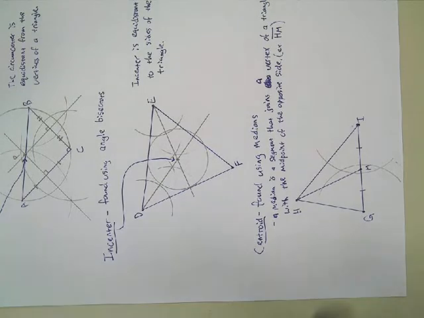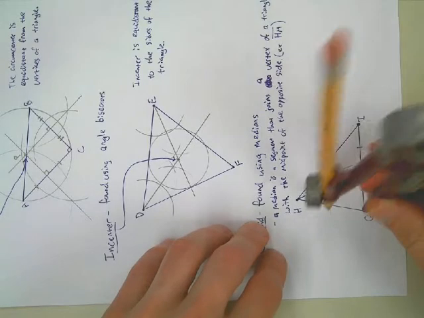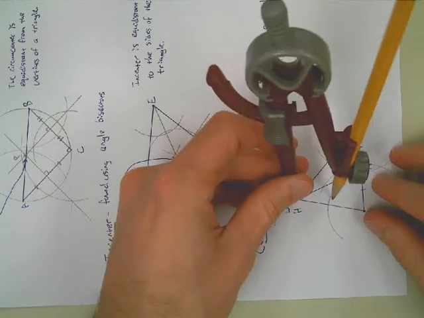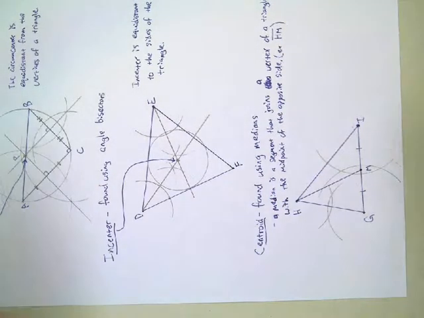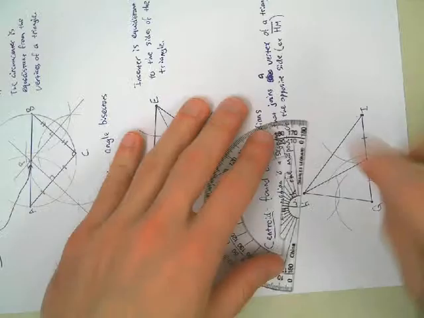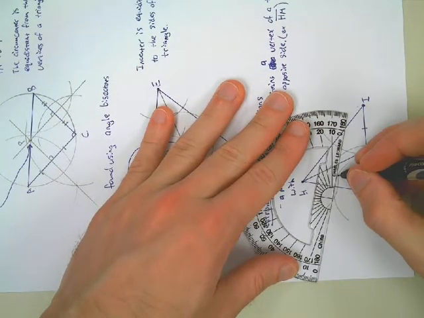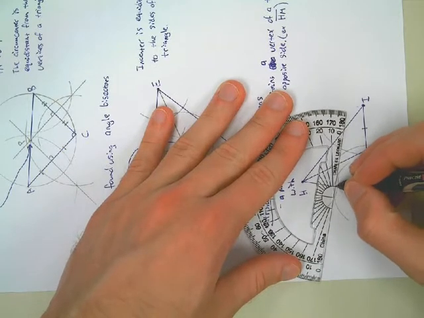Okay, so we'll do HG again, the same construction, right? Again, you make like you're going to put your protractor down like you're going to actually draw the perpendicular bisector, but you don't draw it. You just mark the midpoint of that opposite side there.